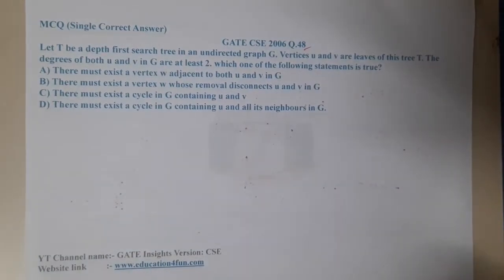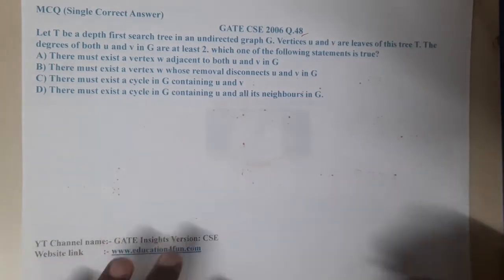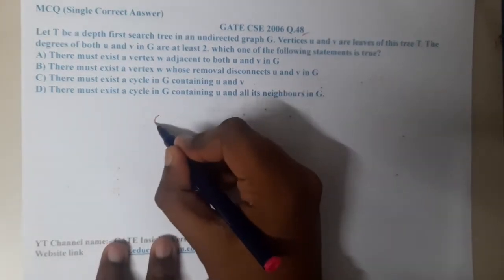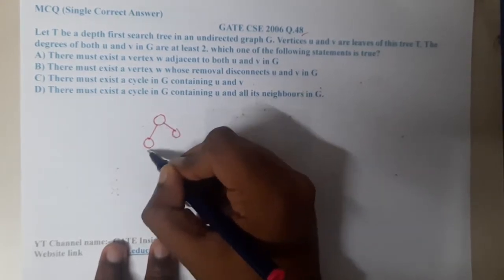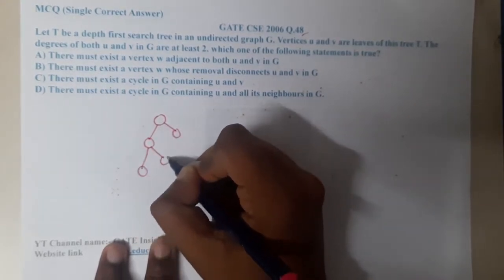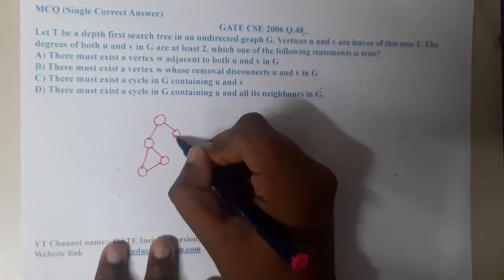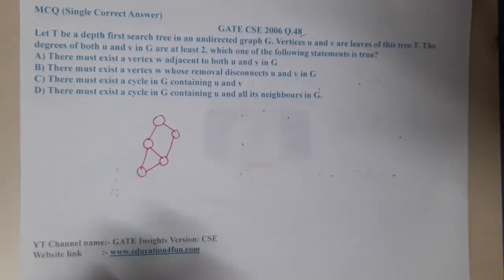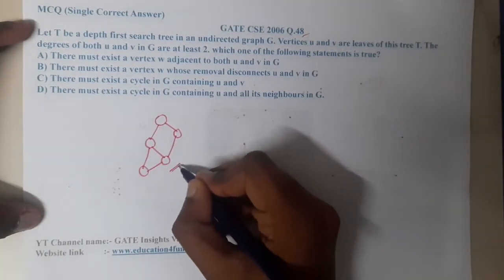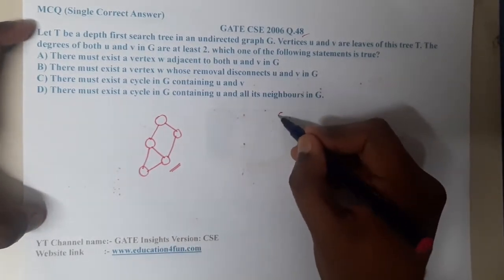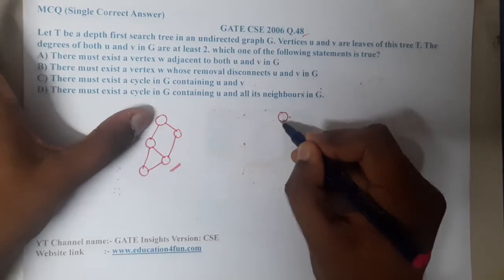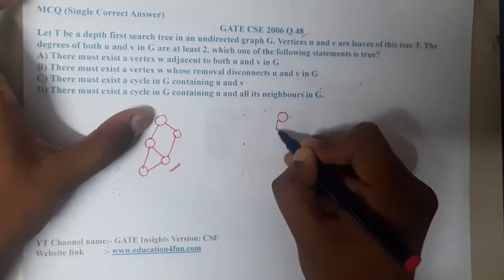The question seems to be a bit complex or confusing, so let us try to analyze it. Let us start from here. So this is the node. Let me take a small example. Assume that this is our graph. Now let us try to do depth first search for this. Let us start at this top node. You can go in any way, so let us go in this way.